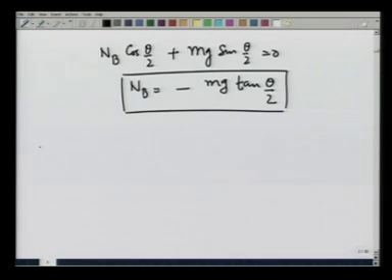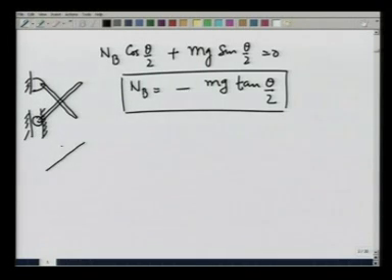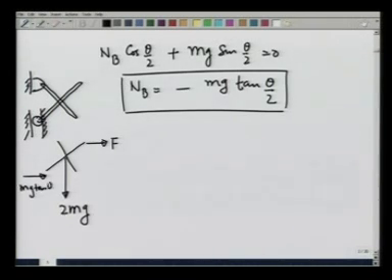Therefore, if I look at this mechanism that we had made earlier, this is a pin joint here, this is on a roller that is free to move. I have a force F acting this way, 2mg pulling it down, NB we have just calculated is mg tangent theta by 2.